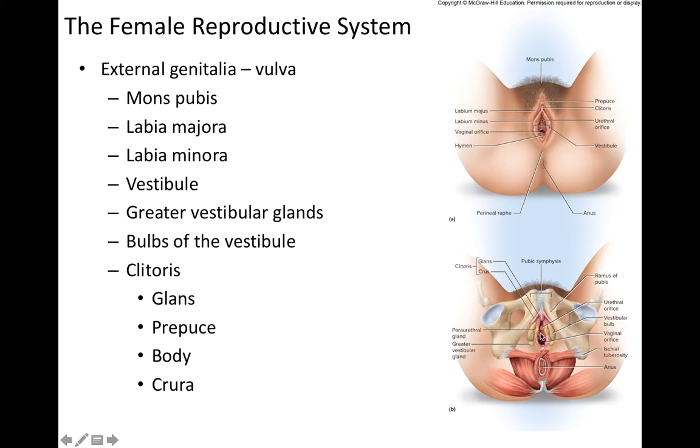We also have these structures here called the bulbs of the vestibule or vestibular bulbs, either way. These are actually corpus spongiosum tissue, and when the female becomes excited, they're going to engorge and fill with blood, and it's going to have an effect of essentially pushing inward onto the penis, and that's going to provide friction for the penis and make it more likely that ejaculation would occur.